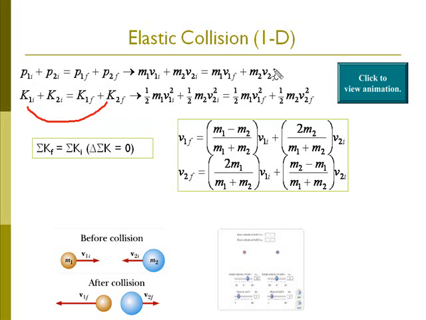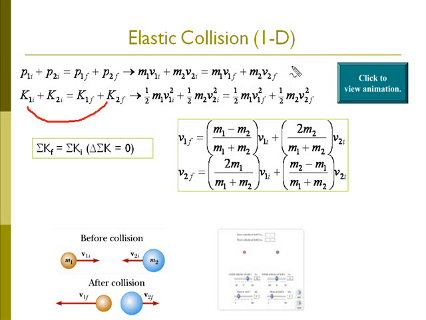So we basically have two equations, and if we assume that we have two unknowns, V1 final and V2 final, to use these two equations to solve for the two unknowns means that we would use substitution of one term into another. The algebra is hideous.